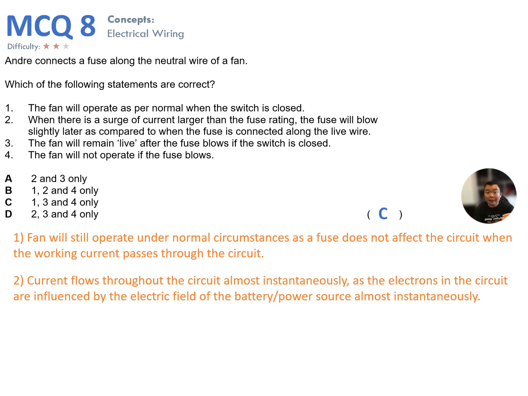It's like a domino effect that happens instantaneously. Same thing for electric current. When we switch on the circuit, when current starts to flow, the whole flow of the current happens together at the same time. This is one model that we use to describe electric current flow in a circuit.